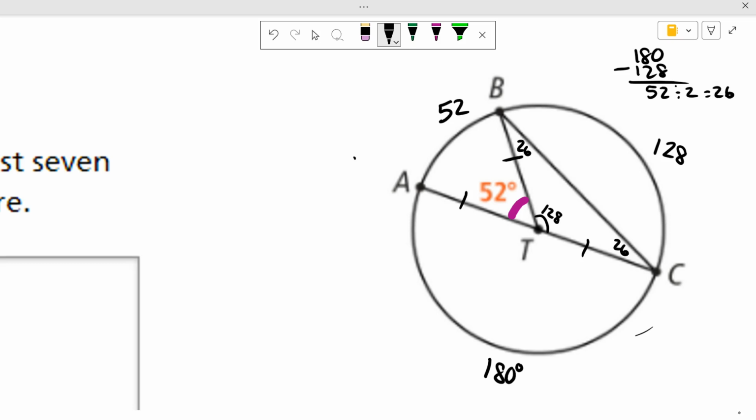Now, this is 26. This is 52. How do they compare? 26 is what of 52? Half of 52. Okay?